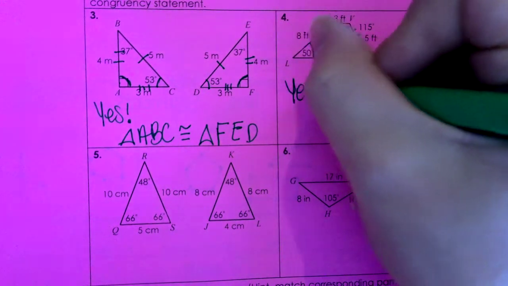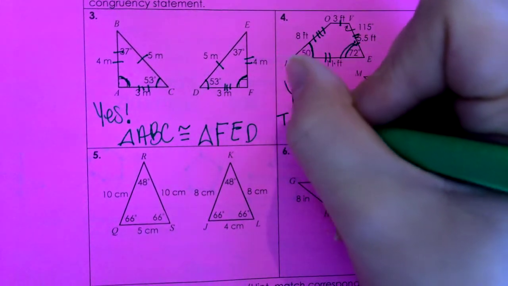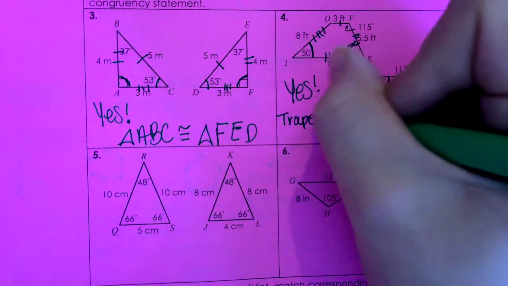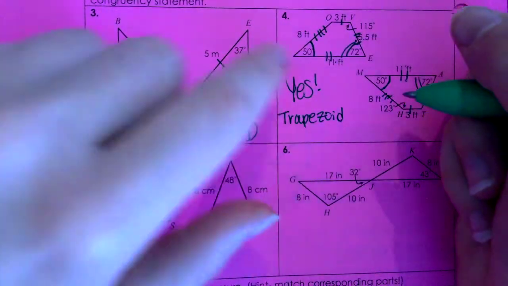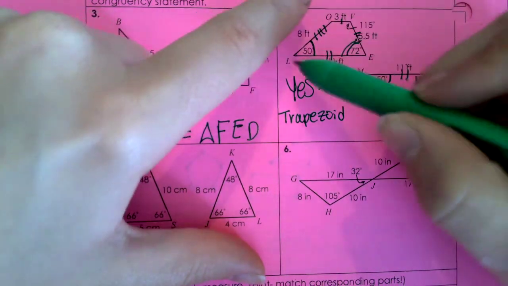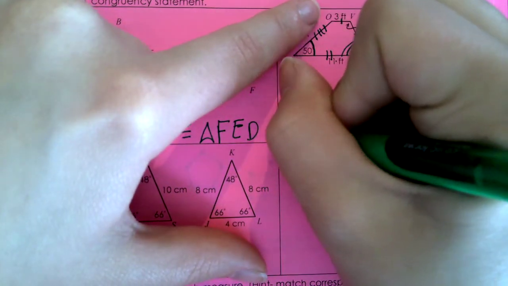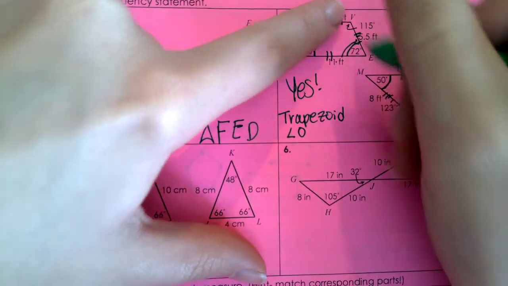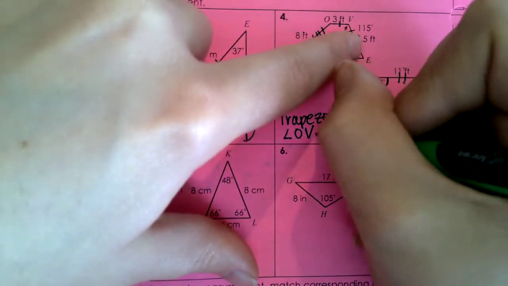So yes, these are congruent trapezoids. Now I have to be careful with my name. I'm going to start with my 50 degrees and go along my 8 feet. So I have trapezoid LOVE.